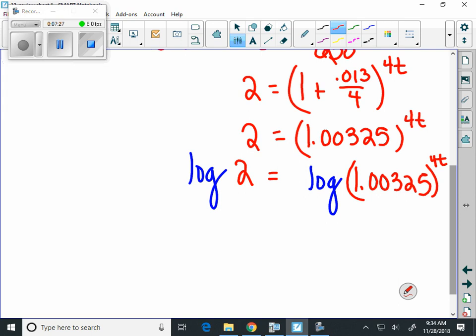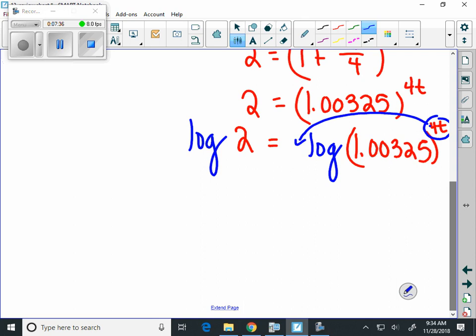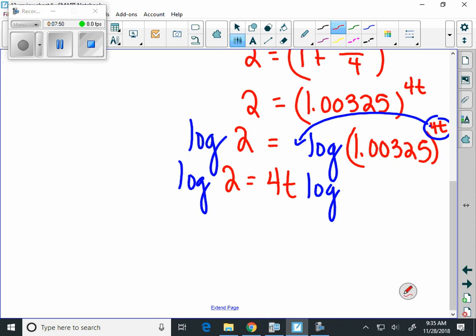We're going to take our power property. That means we're going to take the 4t and write it out in front of the logarithm. So now what we have is log of 2 equals 4t times the log of 1.00325.